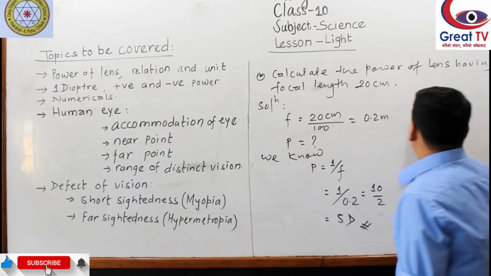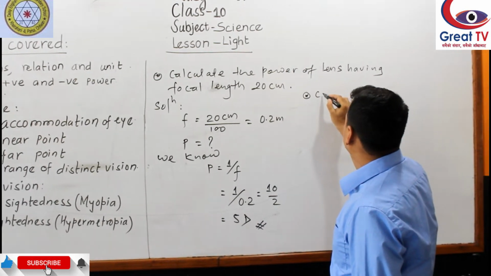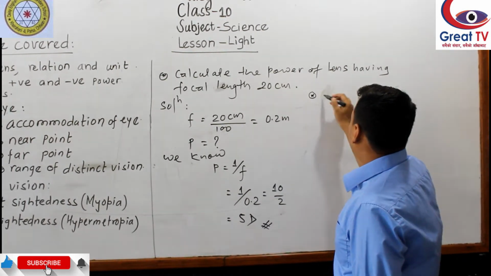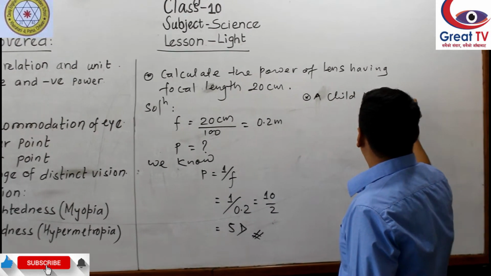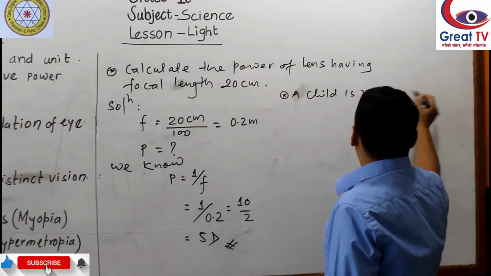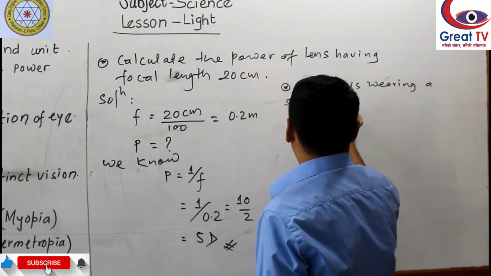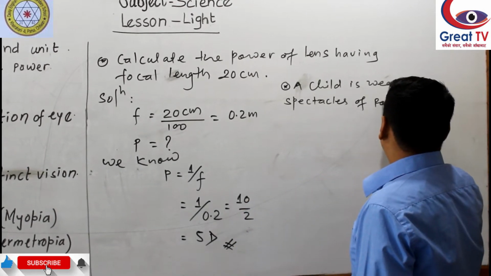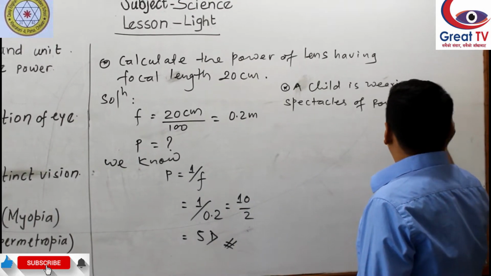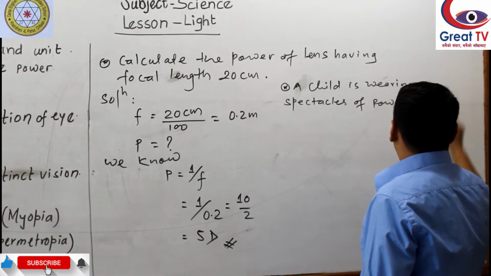Similarly, next question. Calculate. A child is wearing spectacles of power minus 2.5 diopter.